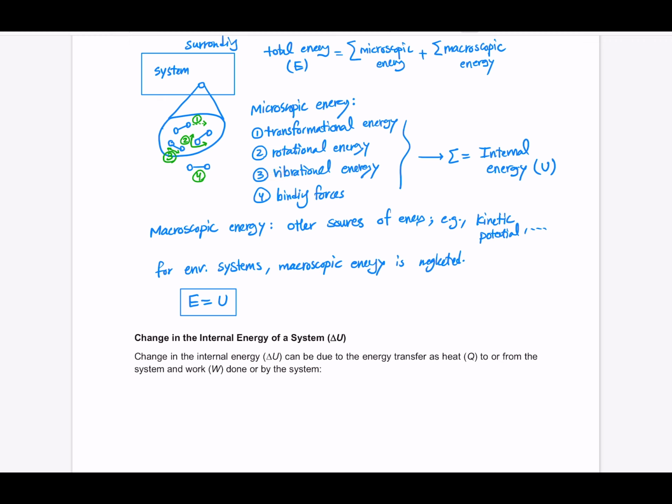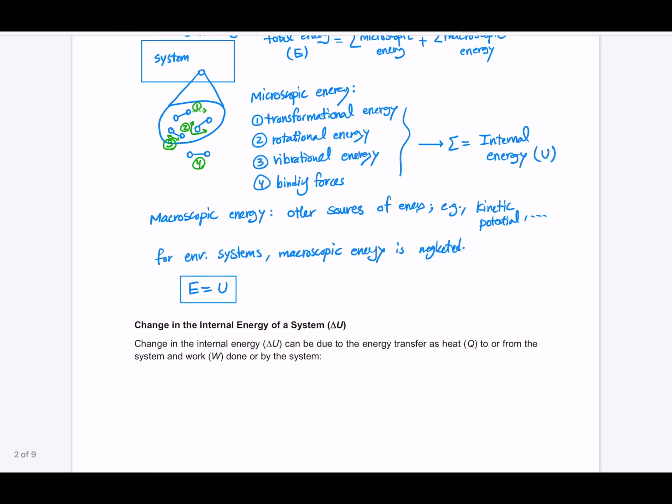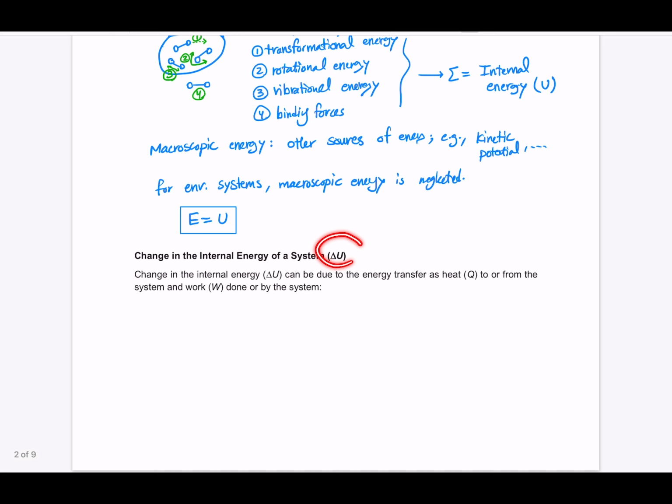But as I mentioned, we're interested to know how the internal energy is changing from one state to another. And if we can connect that to something that is very easy to understand, very easy to measure, and very easy to implement, then it would be very useful. We have to connect the change in the internal energy to something that, again, is measurable, easy to manipulate, and makes sense.